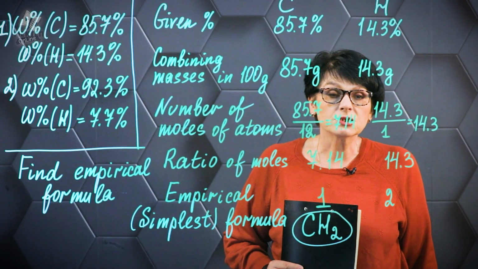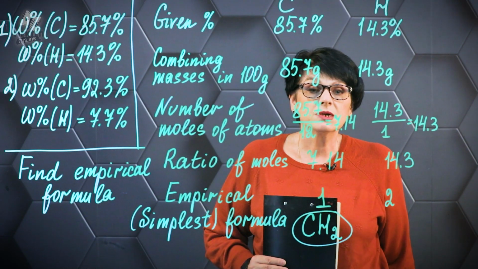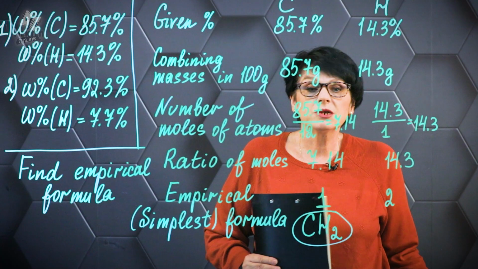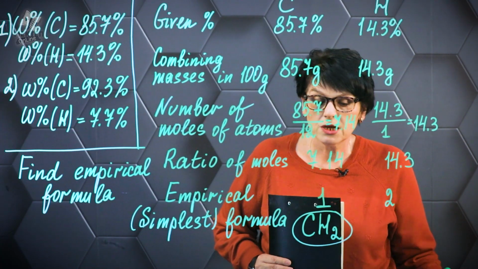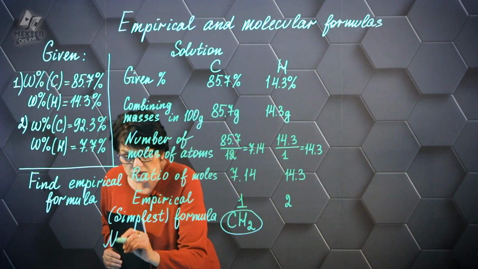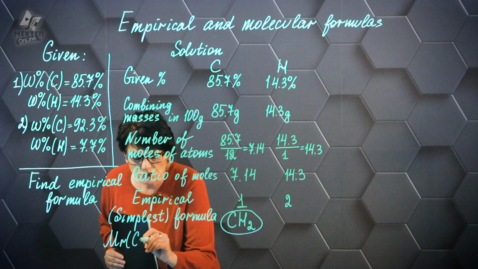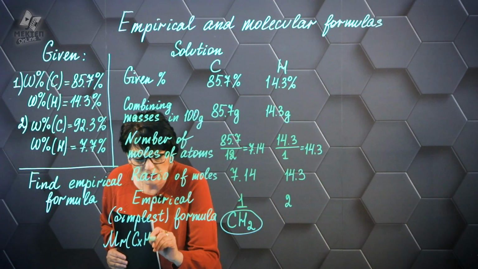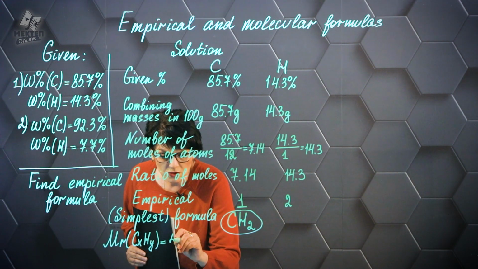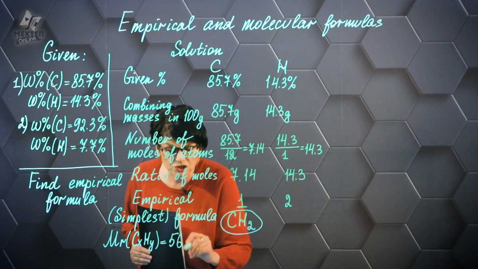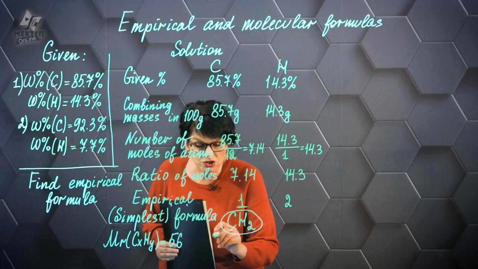This is the simplest formula, but what would be the formula of a substance if we were asked to find the molecular formula? Then I would have to inform you of one more detail. Let's say our unknown substance has a molecular formula, and its molar mass, it turns out, equals 56. How many simple groups would be included in this substance?